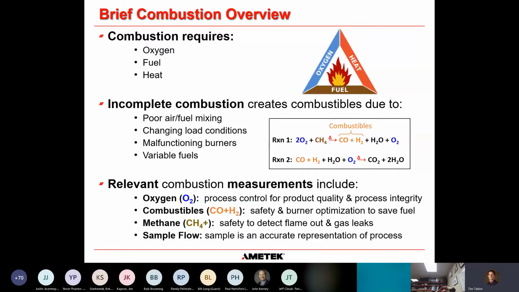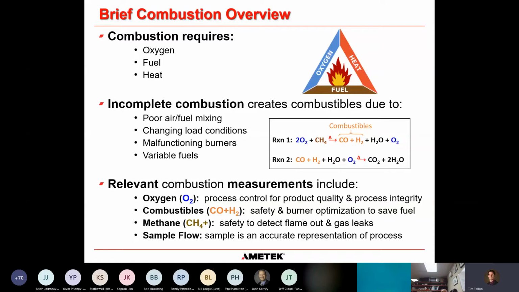Combustion requires oxygen, fuel, and heat according to the fire triangle. And incomplete combustion causes what we call combustibles. If we simplify the reactions of combustion into two reactions, the first reaction is where oxygen and fuel react to first form carbon monoxide and hydrogen, which we call combustibles.